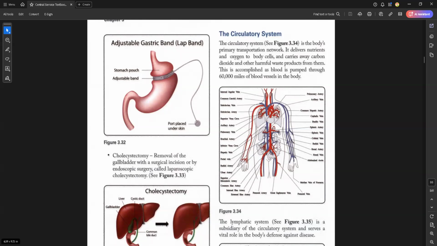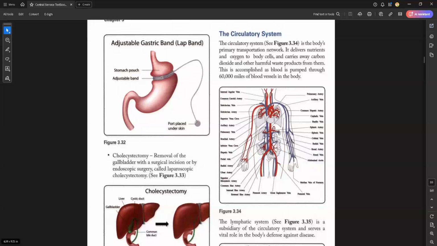Sorry, we call that lapcoli. So when you are working in the surgical department or SPD, it's lapcoli. That's what laparoscopic cholecystectomy is. Now let's talk about the circulatory system.